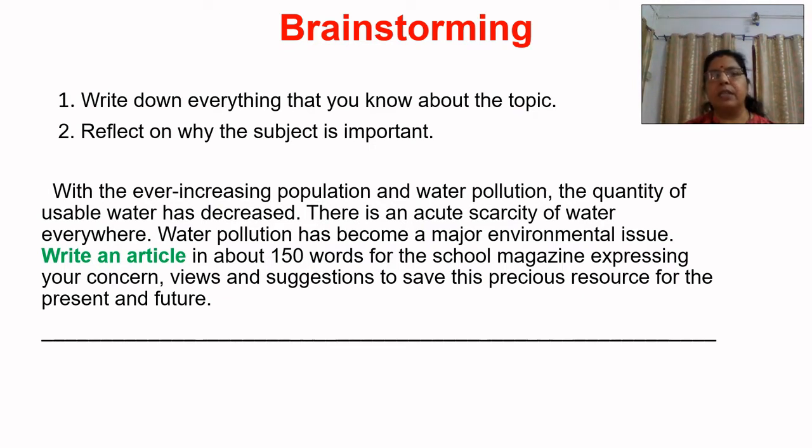There is an acute scarcity of water everywhere. Water pollution has become a major environmental issue. Write an article in about 150 words for the school magazine expressing your concern, views, and suggestions to save this precious resource for the present and future.